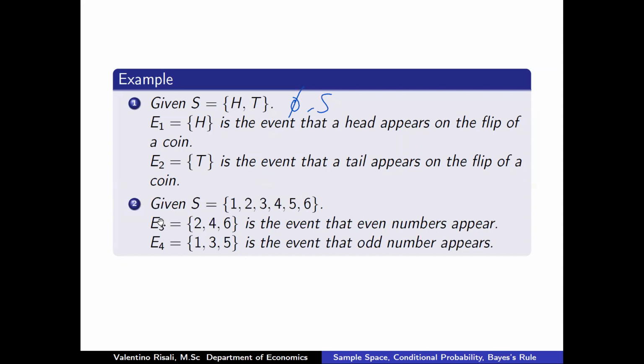We have at least four events: the empty set, S itself, E3, that is {2, 4, 6}, the event of an even number, and E4, which contains {1, 3, 5}, the event of an odd number.